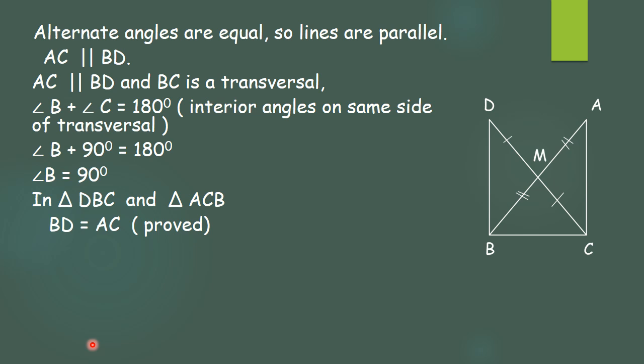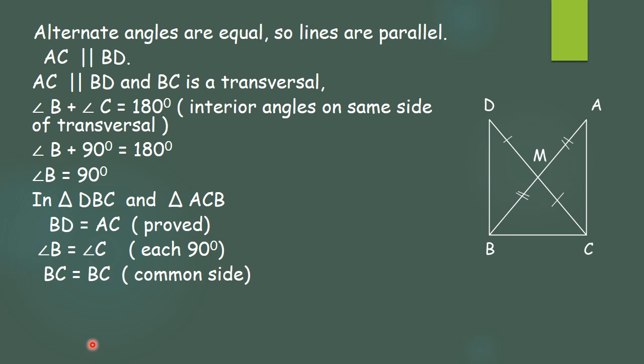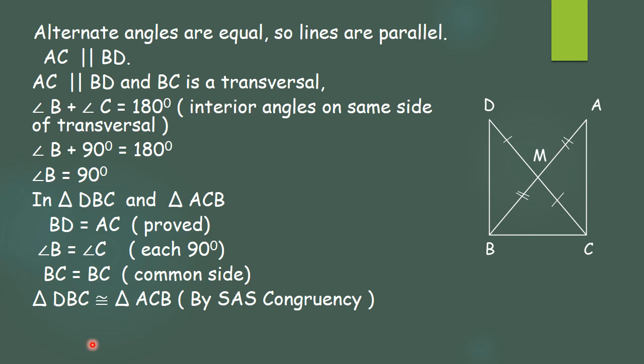Then in the second result we have proved that angle B is 90. C was given as 90, so B is equal to C, each 90. And BC is equal to BC, that is the common side. We get two sides and the included angle, so triangle DBC is congruent to ACB by SAS congruency.